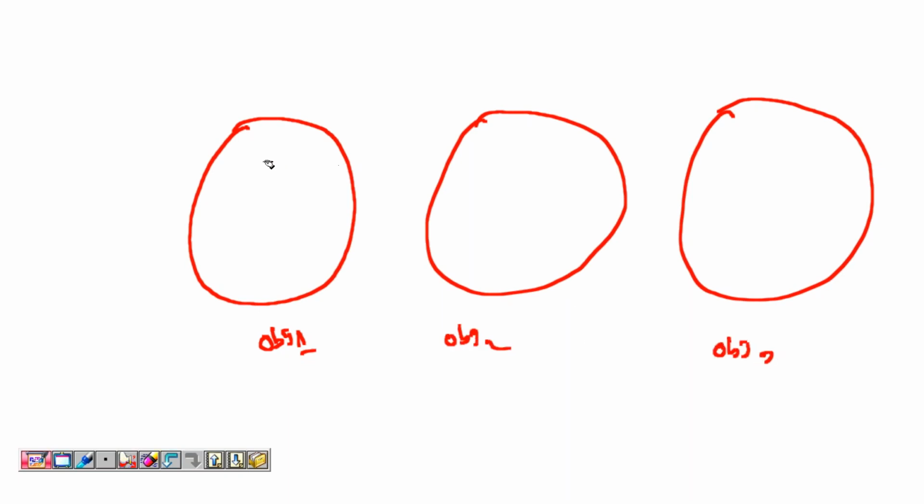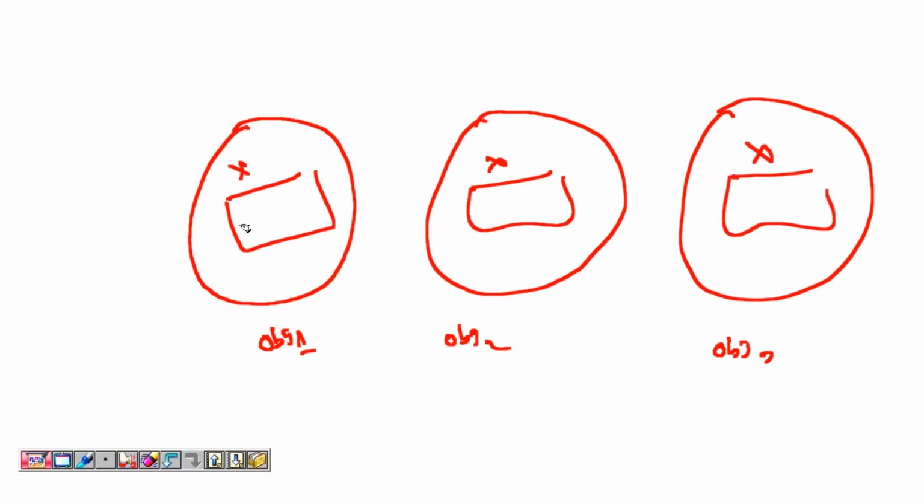Means a field is created for every object, with a different value: 111, 222, 333. But the value cannot be changed. This is the requirement.